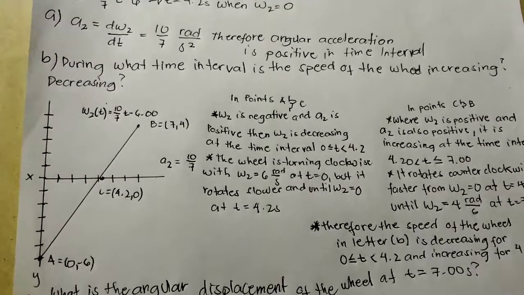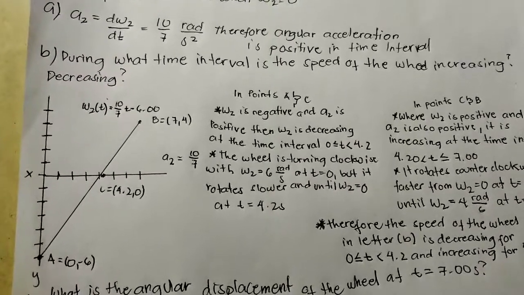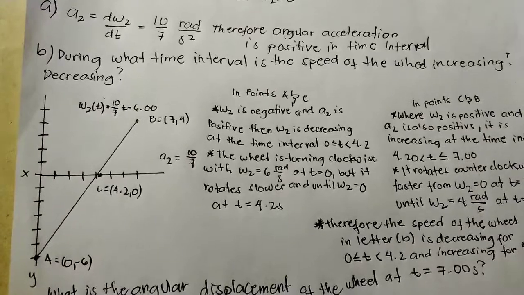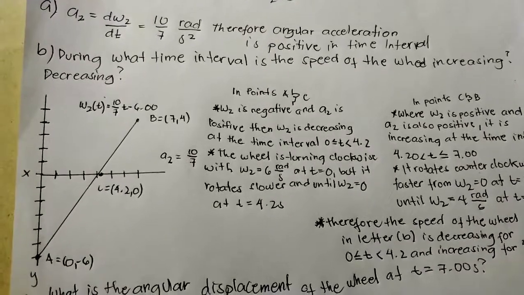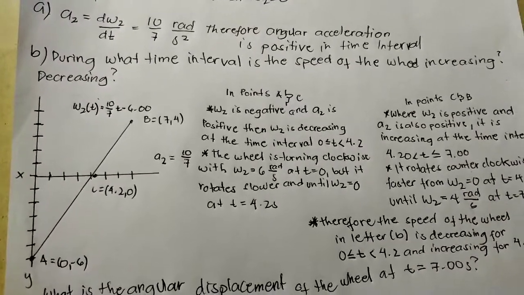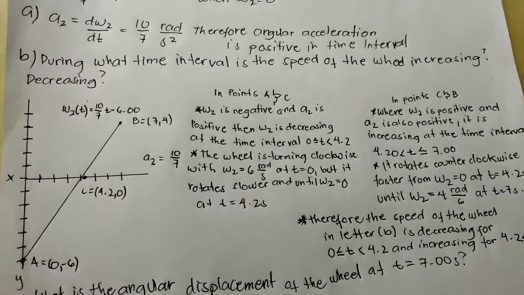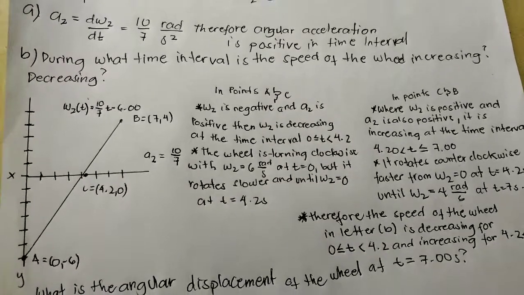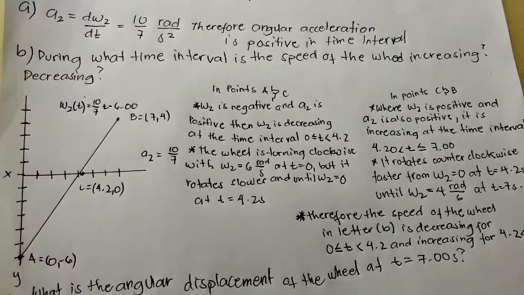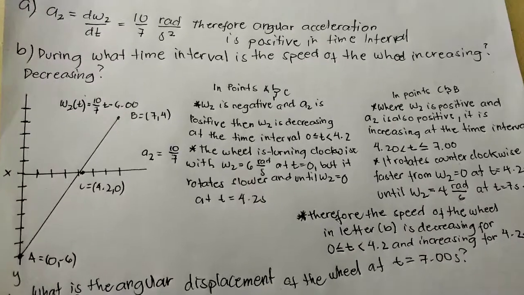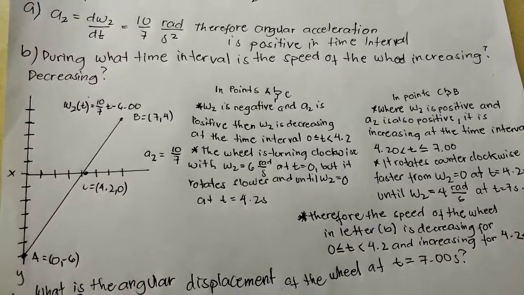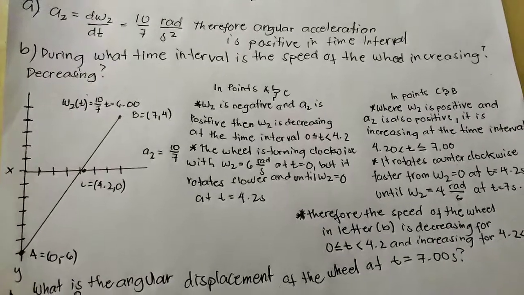At points A and C, angular velocity is negative and the angular acceleration is positive. Then the speed is decreasing in the time interval 0 less than or equal to time less than 4.2.